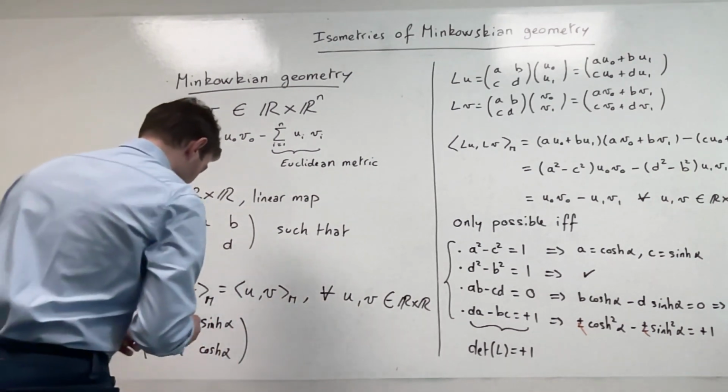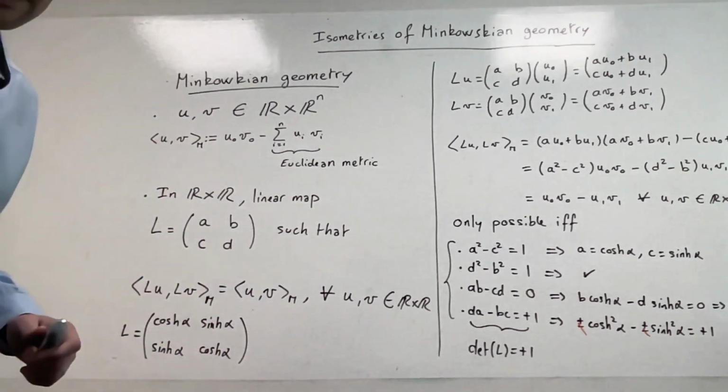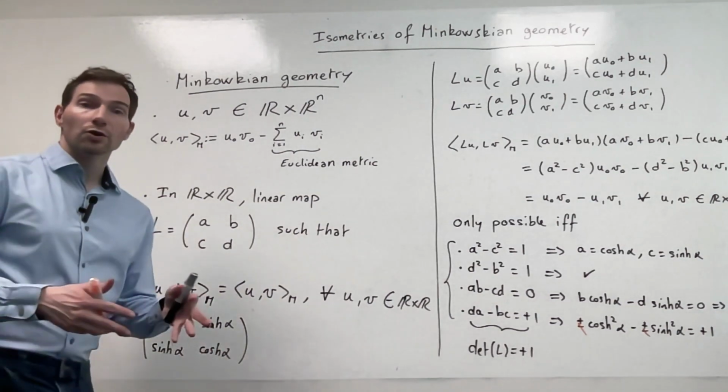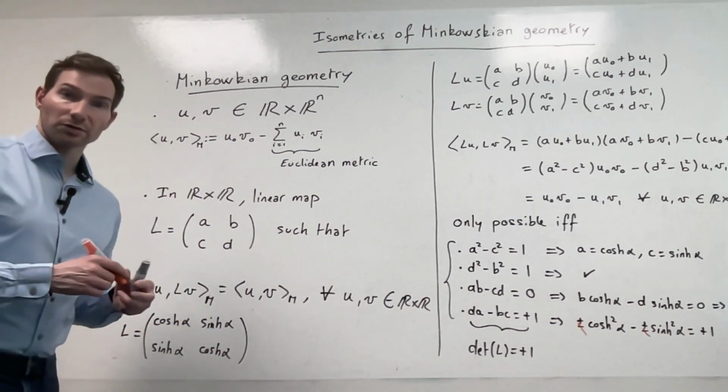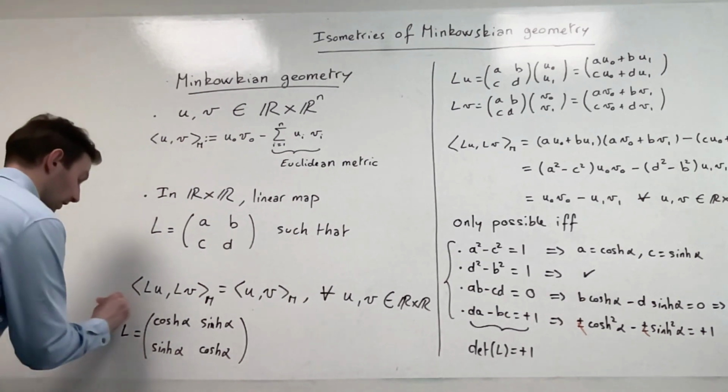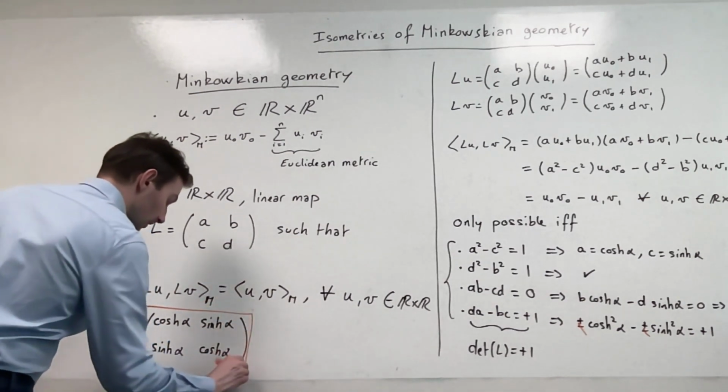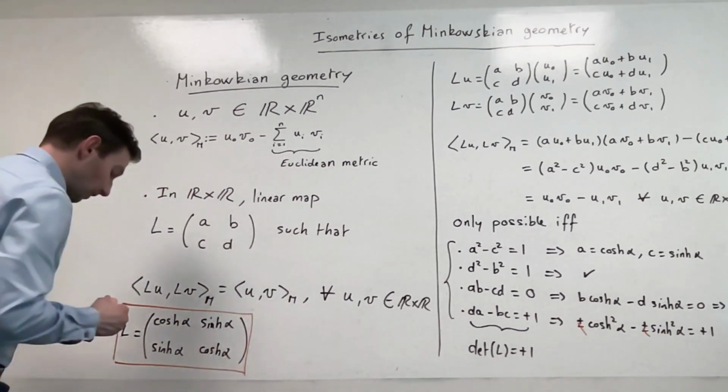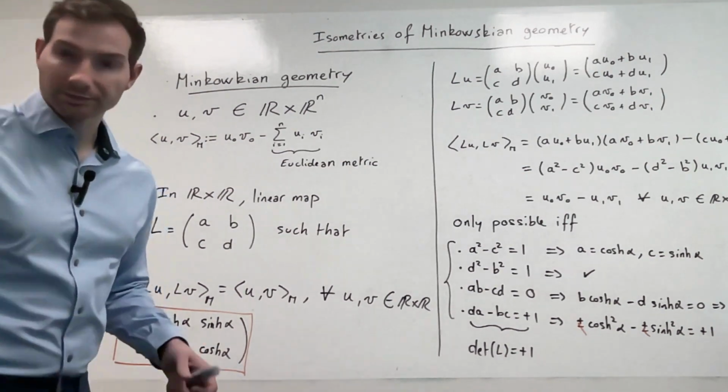This is going to be a set of transformations which represent isometries of the Minkowskian geometry, so of the Minkowskian inner product.